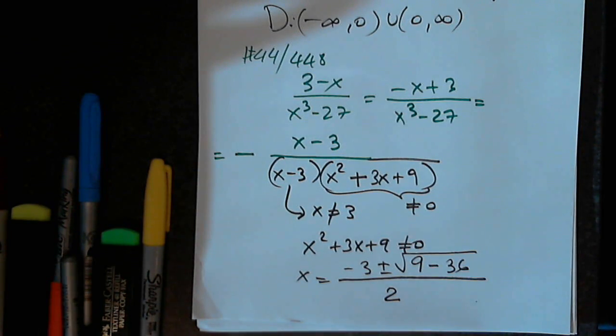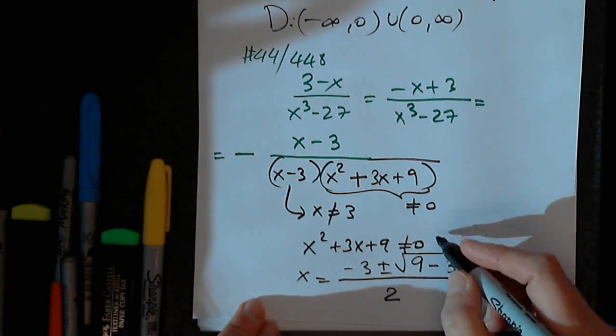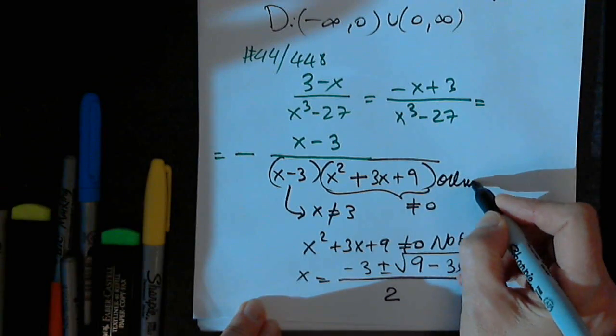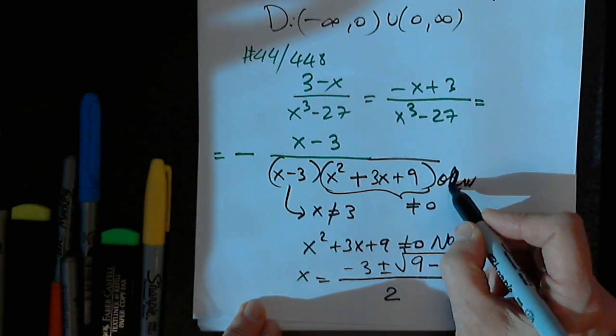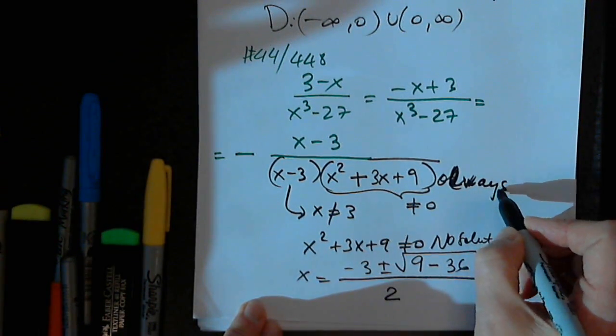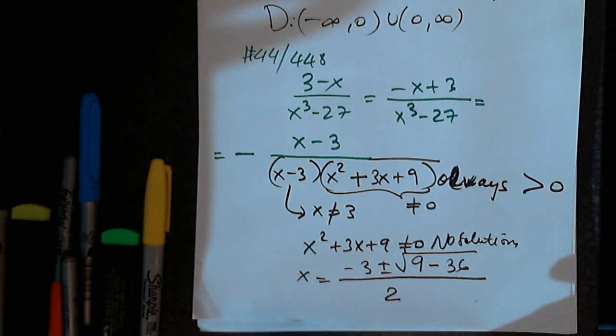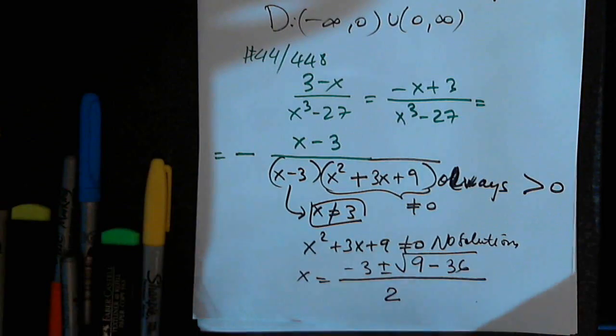What is the sign of this function always? It's way above the x-axis, so always positive. Can always positive be 0? No. So there are no solutions coming from here. This one is always greater than 0. So the only restriction I have to state is x not equal 3.